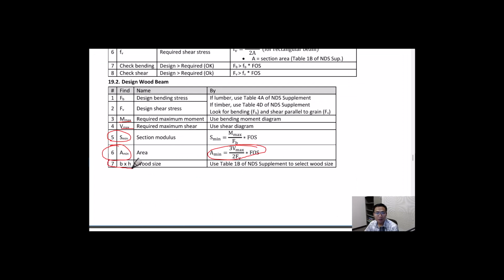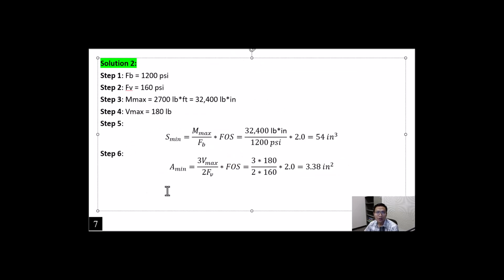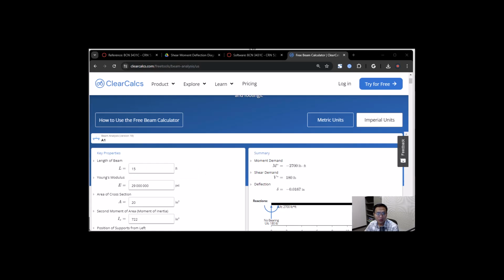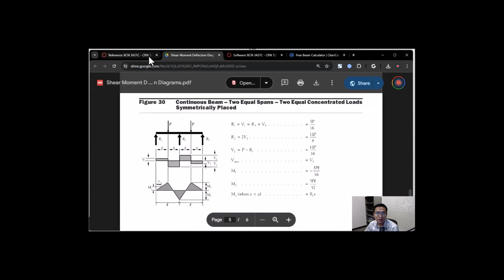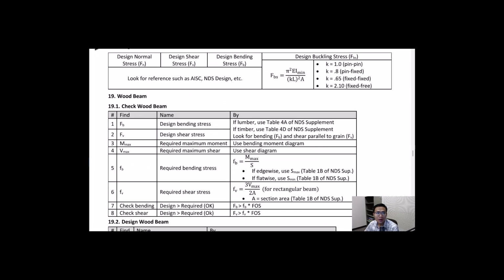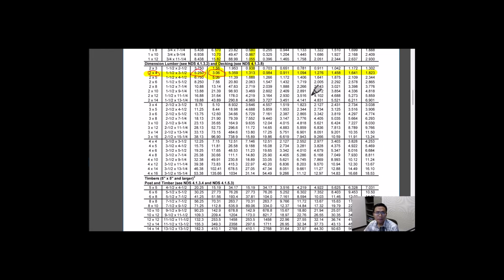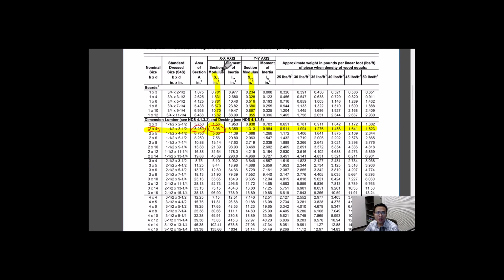Then step 7 is to look for the wood size table and select the one that has S larger than S min and A larger than A min.